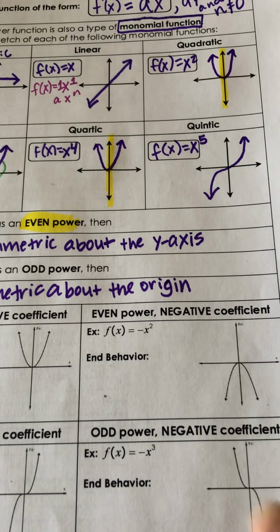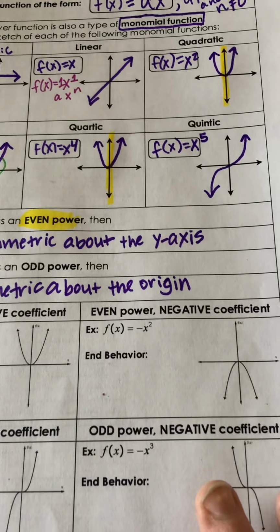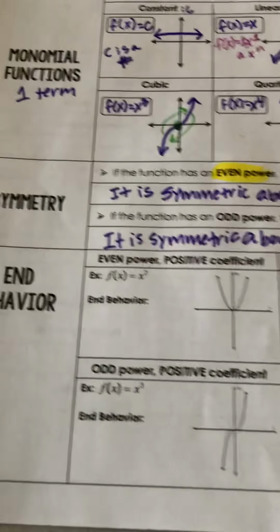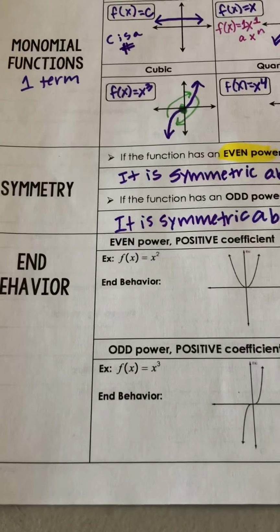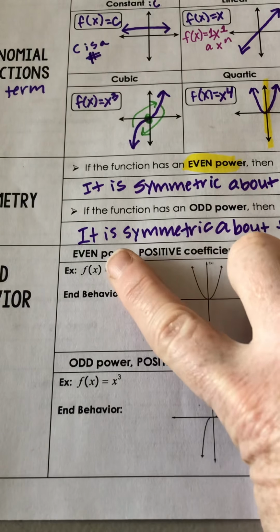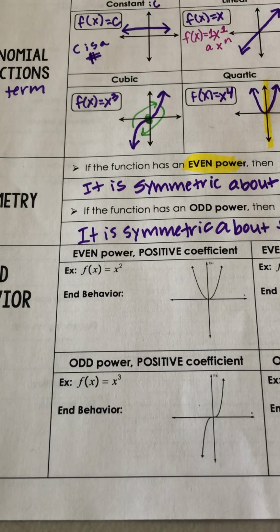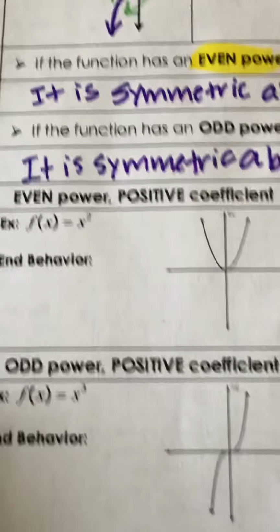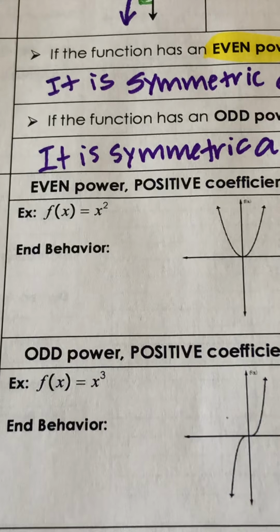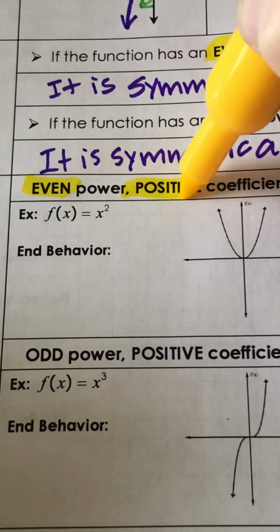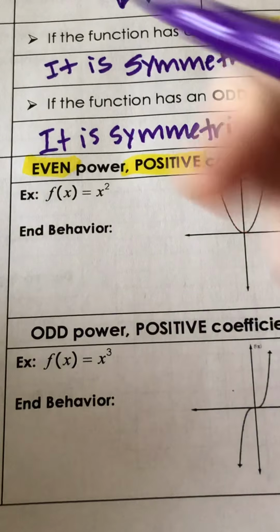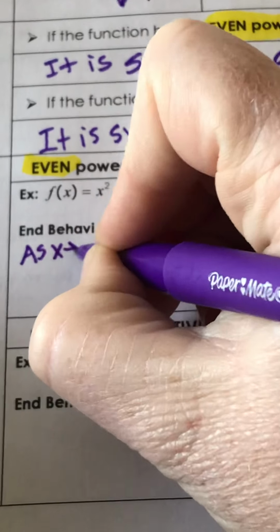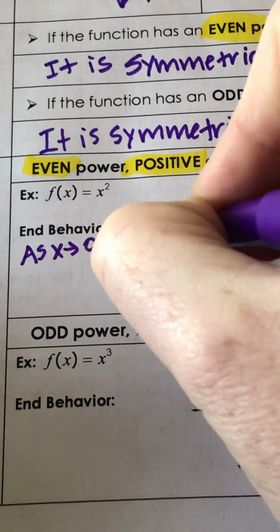So, end behavior now, these are still gonna follow the same idea for even and odd, okay? So whether your power is x squared, x to the fourth, x to the sixth, we should have the same end behavior for our positive and negative coefficients, okay? But we're just gonna start with what we know. We know what x squared is. So if we're on an even power and a positive coefficient, what's gonna happen to your end behavior is as x approaches infinity, y approaches infinity.